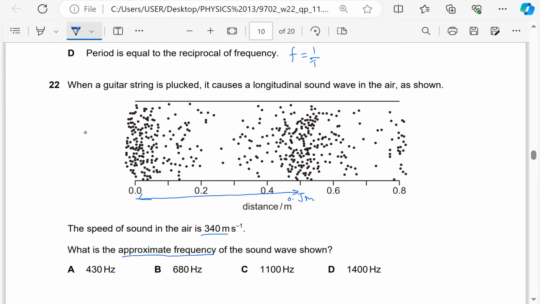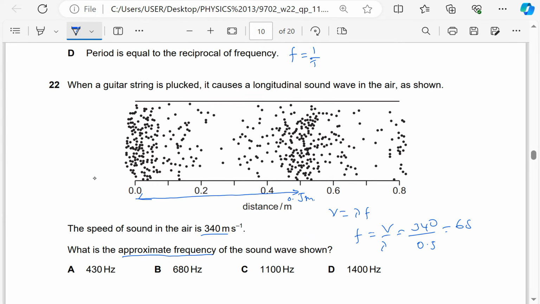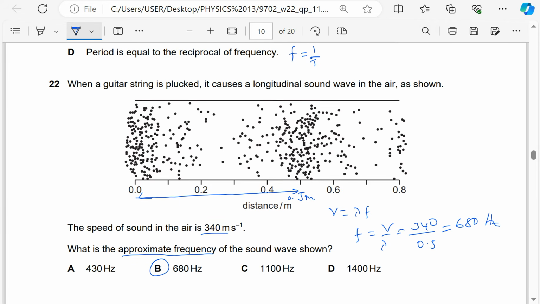So I want frequency, v equals lambda f. So f is going to be v over wavelength. v is 340, wavelength is 0.5. So 340 divided by 0.5, that is 680. So the answer is going to be B.